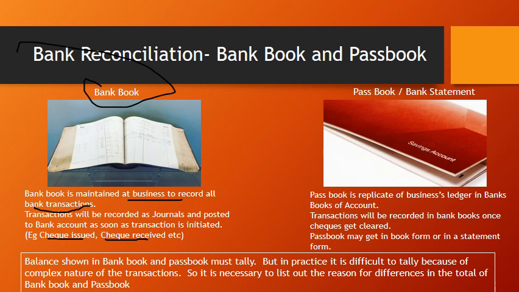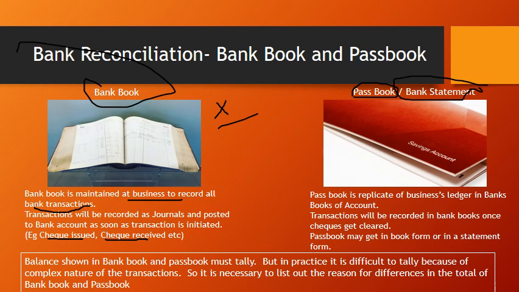At the same time, let's see what a passbook or a bank statement is. Whenever the bank clears checks on behalf of its customer, it records them in its books of account. Suppose we have a company called X Limited.